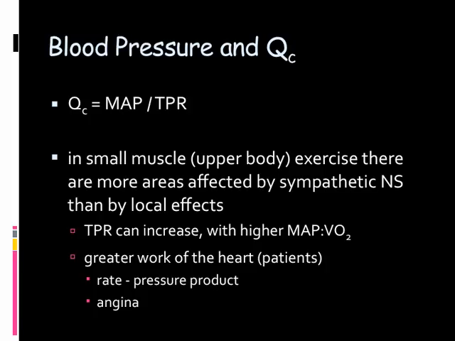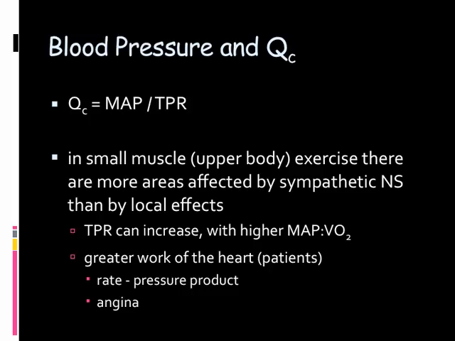So you don't want a person doing something like upper body exercise, which is going to give you an exaggerated blood pressure response, because that's going to cause chest pain at a rather low cardiac output, at a rather low heart rate. So it's important in heart patients to estimate the work of the heart, to use the rate pressure product to do so in order to avoid angina.